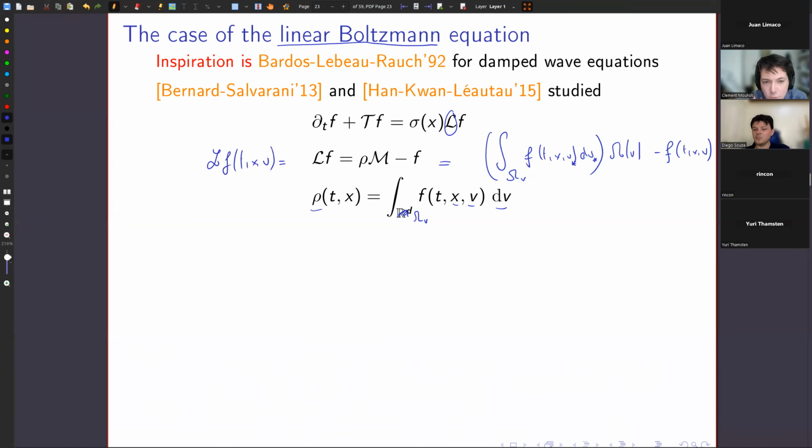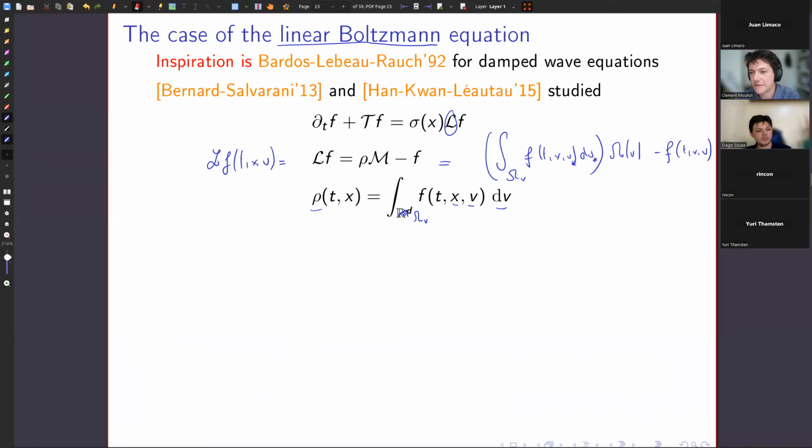So for those of you who have training in probability, this is really the generator of a jump process, a very simple Markov process with an exponential clock. Regularly, when the clock rings, you just draw a new velocity according to this distribution. That's just what it means.